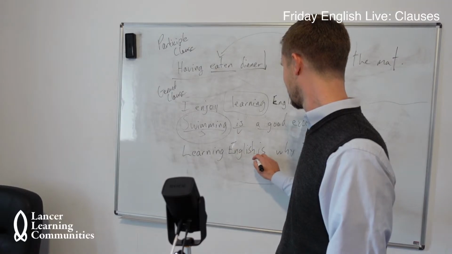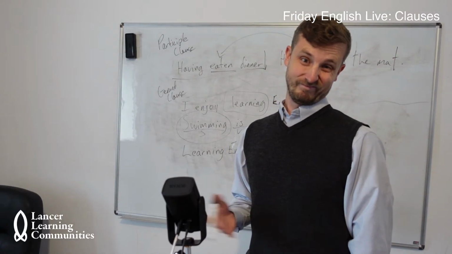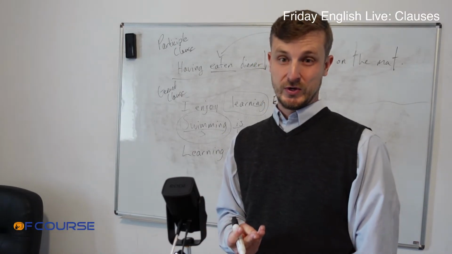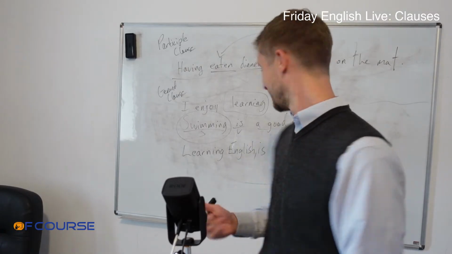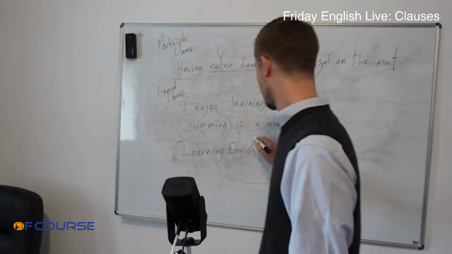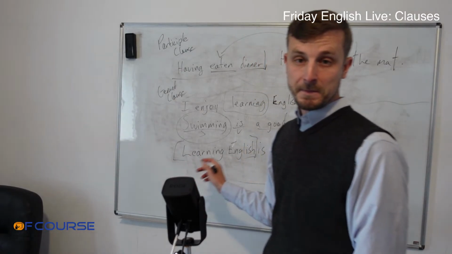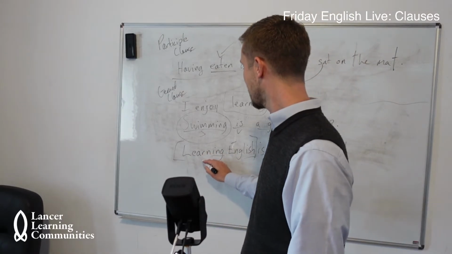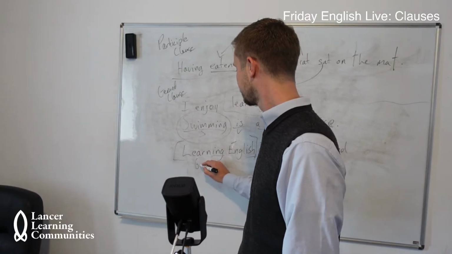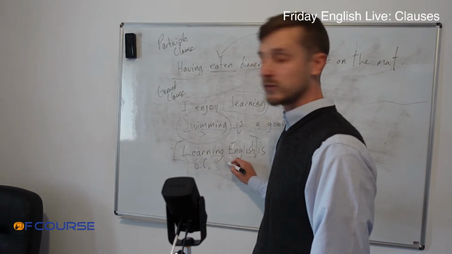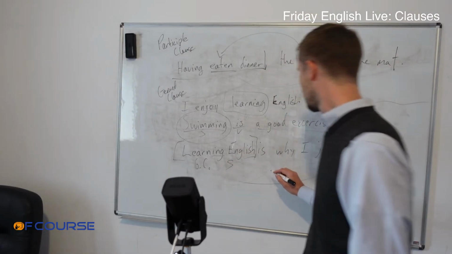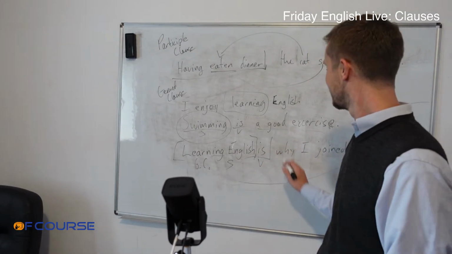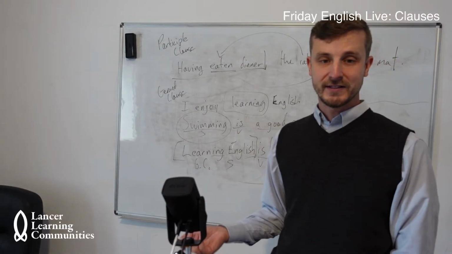This is kind of a weird one, because we have two different clauses. Learning English typically would be a verb and not a noun, but now it is a noun. So this is now becoming a gerund clause. It's also the subject. Is is our verb. And then, why I joined, is another phrase, and this becomes the object.